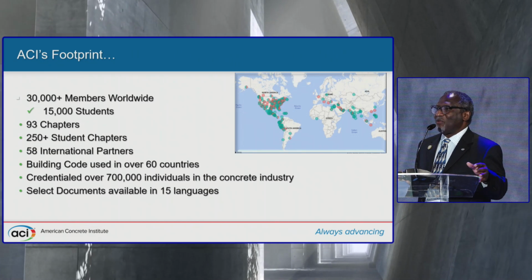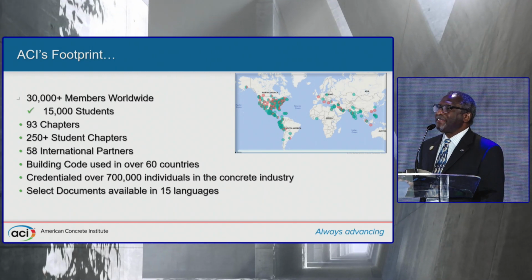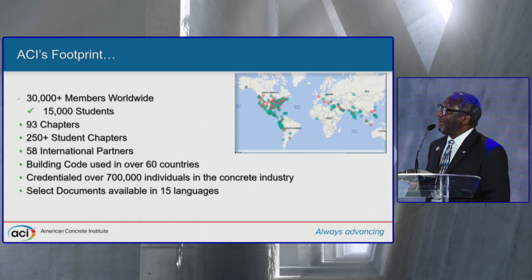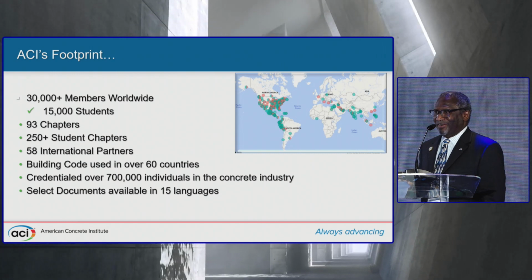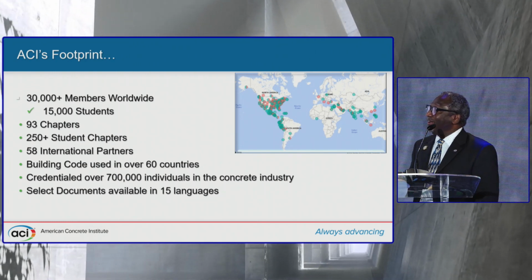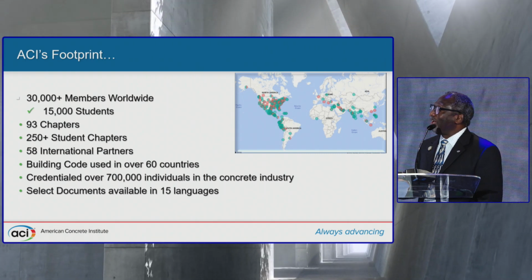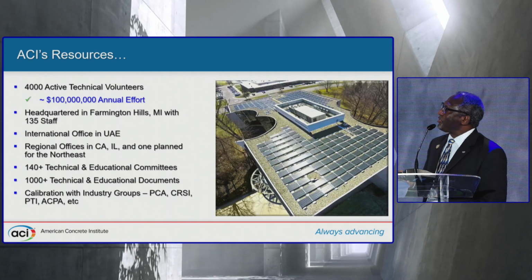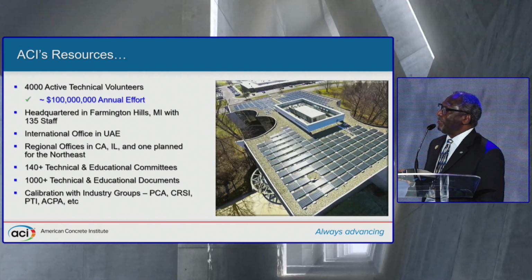Now, one of the things that we're most proud of is our certification program. And to date, we've credentialed over 700,000 individuals in the concrete industry, all over the world, with respect to certifications. We also have select documents that are available in 15 languages. In terms of ACI resources, we're headquartered in Farmington Hills, Michigan.